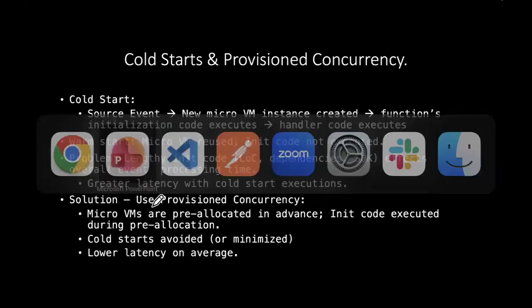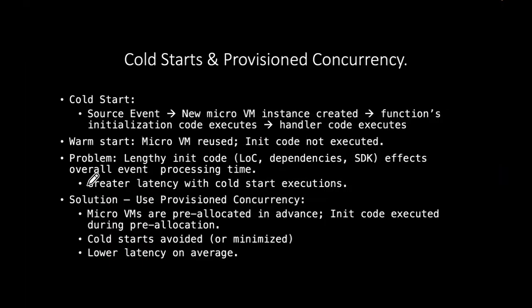Now, ideally, we'd like to minimize the number of cold starts associated with processing events. And one way we can do that is by setting what's called a provision concurrency. So there are two types of concurrency settings: the reserve concurrency and the provision concurrency.